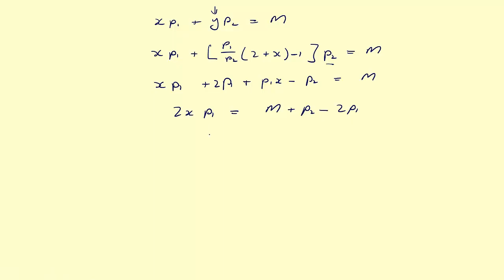Dividing through by 2p1, we'll have x is equal to, well, looking at those first terms first, m plus p2 on 2p1, minus, well, 2p1 divided by 2p1 is equal to 1. There we go. We'll call that x star because that's our maximizing value. We have an expression for x now.